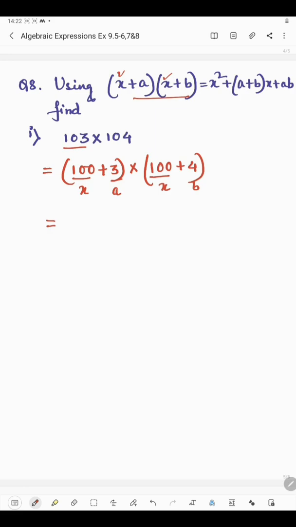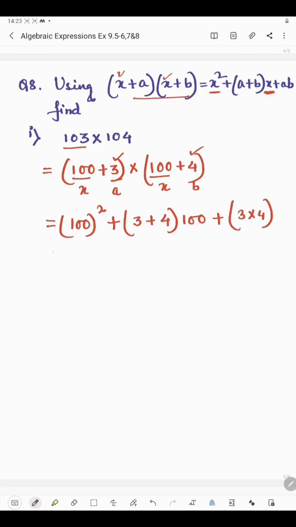So according to this identity, we will have to write the square of the first term, which is 100 whole square, plus sum of a and b. Now a is 3 and b is 4, multiplied by x. X means the first term, so it's 100 here, plus product of the two different terms, means product of AB, which is 3 into 4.